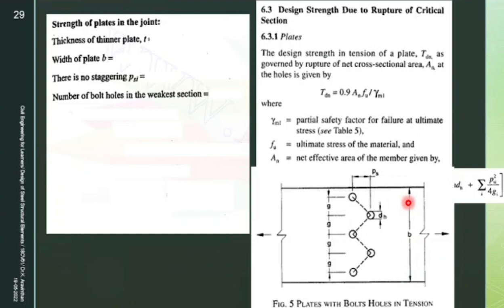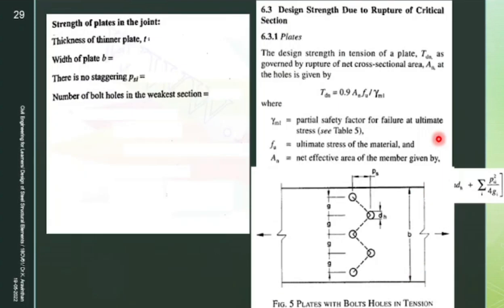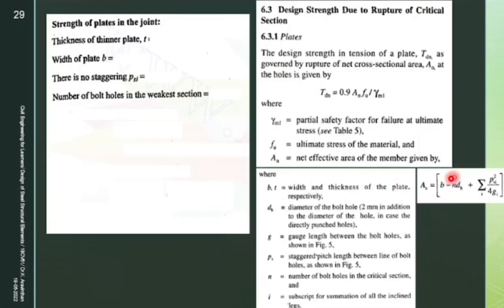Now what is your width of the plate? What is the width of the plate? b is 180. What is the thickness of the plate? 20. You know the two components b and t. So what do you mean by dh? Diameter of the hole, 20 plus 2, which is 22, and another component is number of bolts in the critical section.